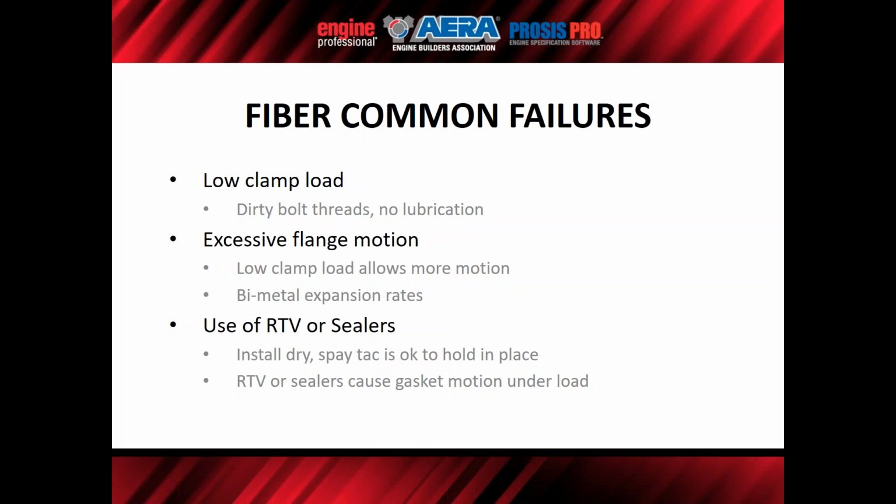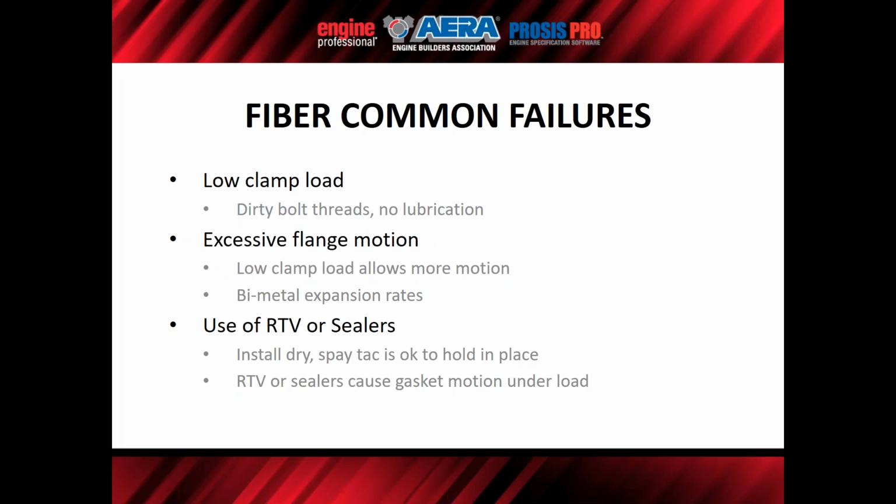You've got bimetal expansion. If you don't know what bimetal expansion is, it's basically a condition caused by aluminum and cast iron expanding and contracting at different rates. So as the engine heats up and cools, you've got aluminum that's expanding at a greater rate than the cast iron.